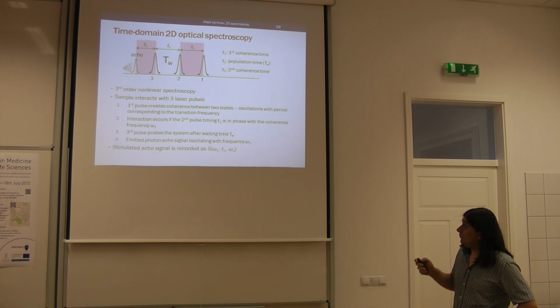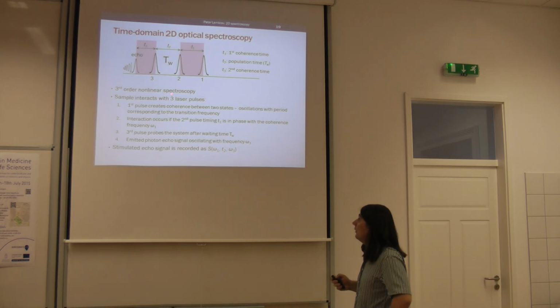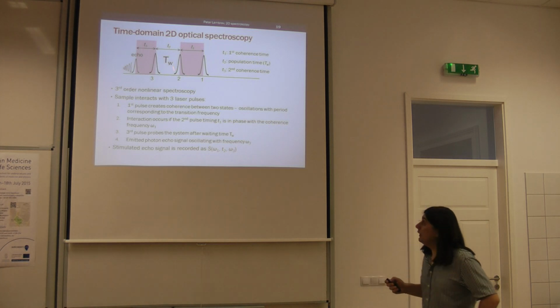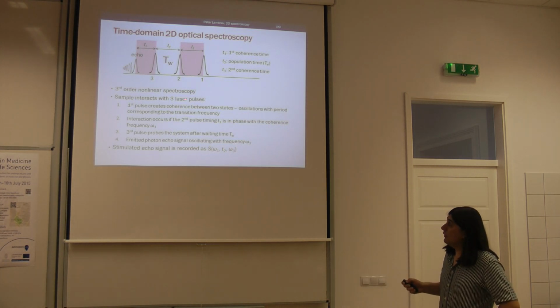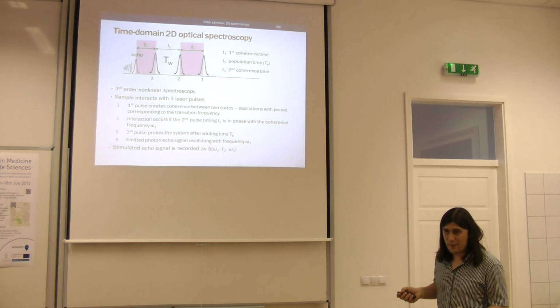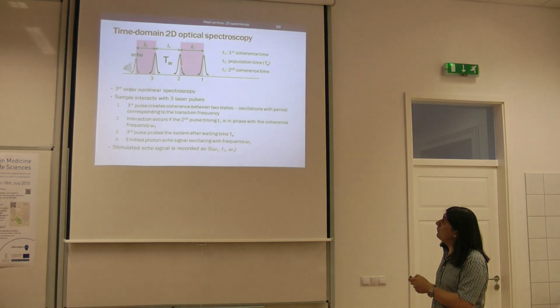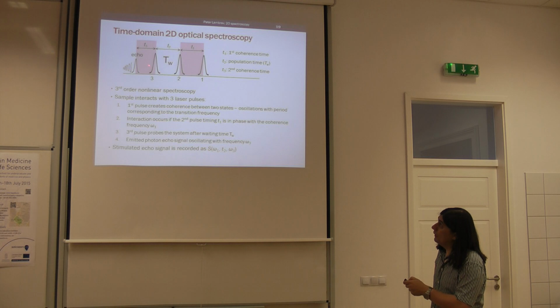Now, first of all, this is nonlinear spectroscopy, right? This is third order nonlinear spectroscopy. That means the sample will interact with 3 laser pulses. And in pump probe, which is also third order nonlinear spectroscopy, but never mind, we use one pump and one probe.